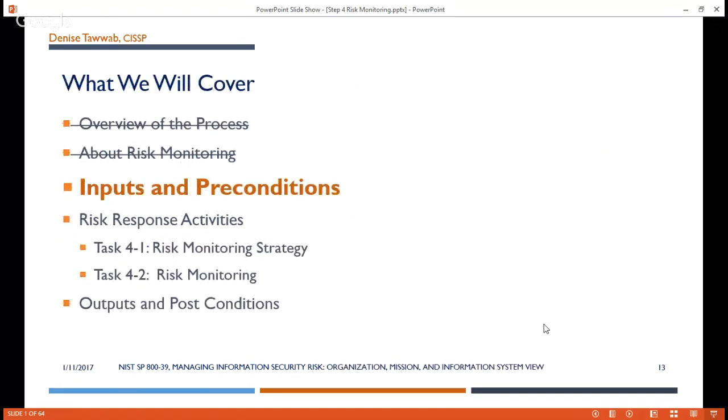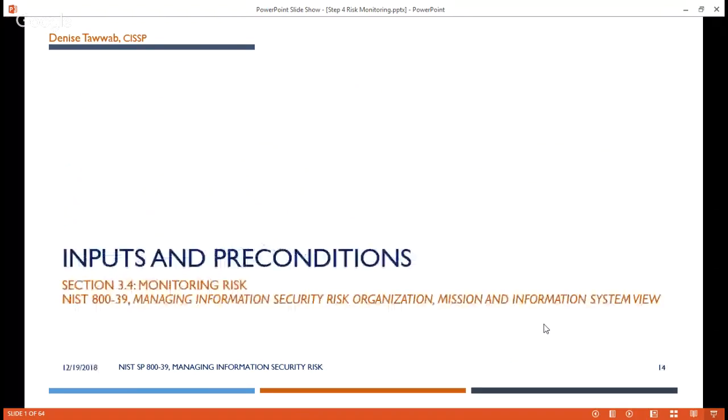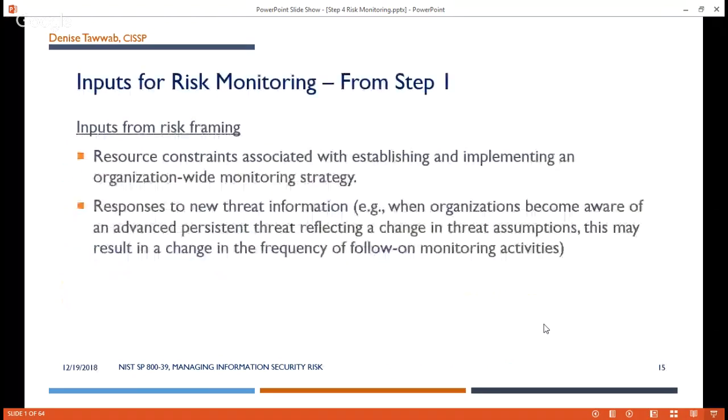So, the inputs and preconditions to the risk monitoring step. From step one, your risk framing step in the risk management process, the inputs that you get include resource constraints associated with establishing and implementing an organization wide monitoring strategy and responses to new threat information.